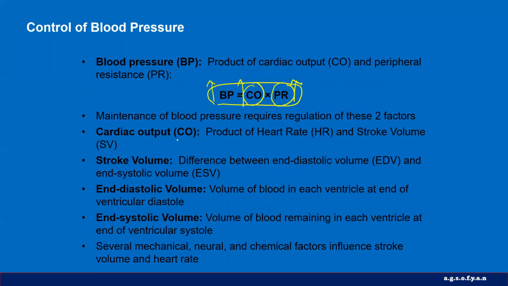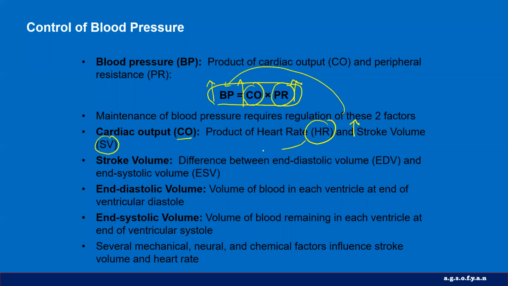So remember, the cardiac output also comes from the stroke volume, the volume of blood pumped during the ventricle contraction, and the heart rate, beats per minute. So when the stroke volume increases, then automatically the blood pressure will also increase.